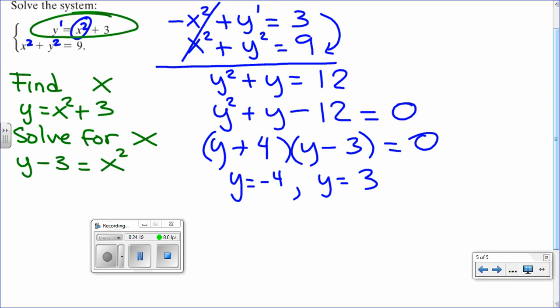We take the square root after that, and we're going to get plus or minus the square root of y minus 3.